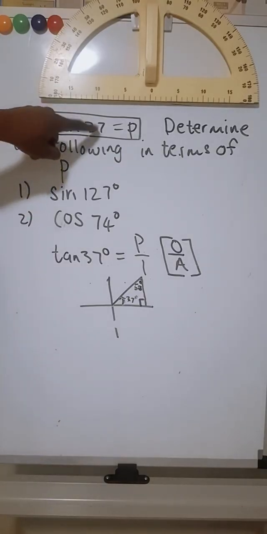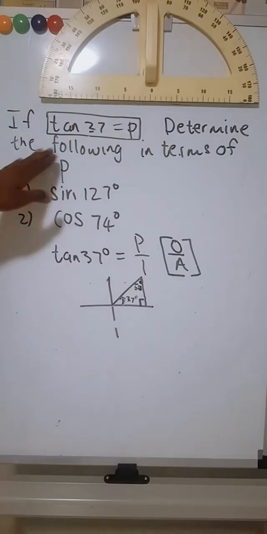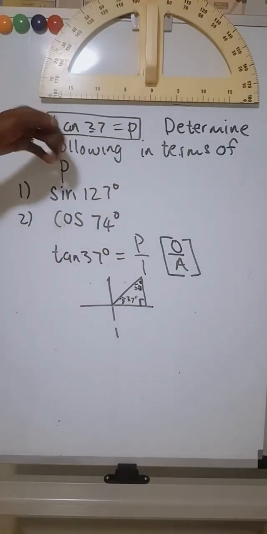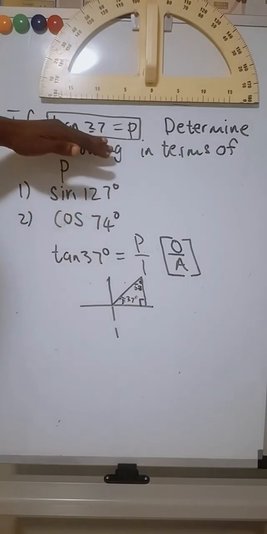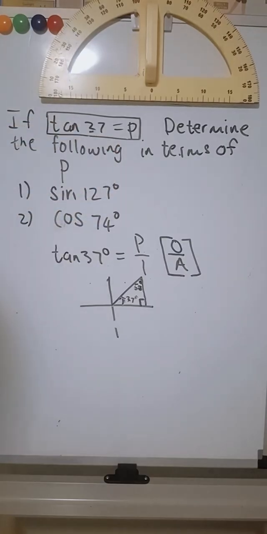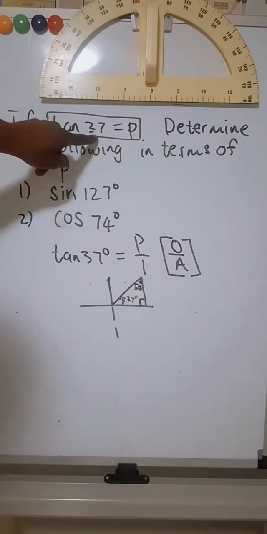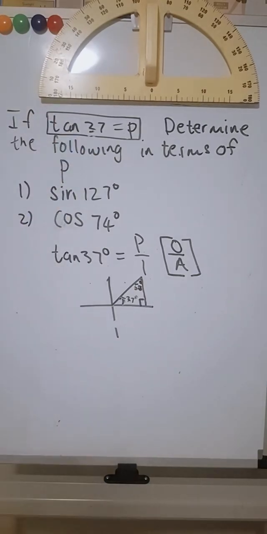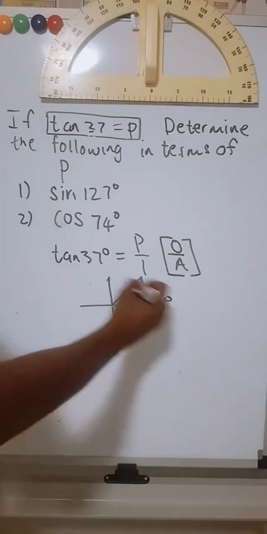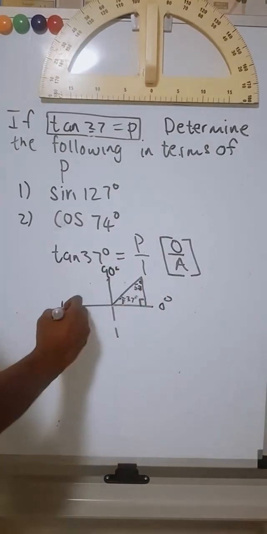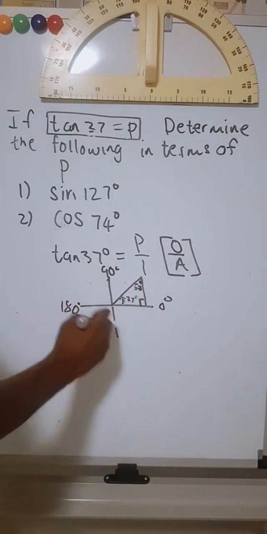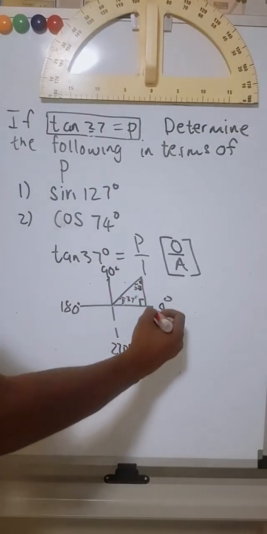It says if tan 37 is equal to P, determine the following in terms of P. So we need to actually draw and sketch a diagram using the given information so that we can then determine sine of 127. If we look at tan 37, this angle is given to us as an acute angle. On your Cartesian plane, this is 0 degrees, this is 90, this is 180, this is 270, this is 360.